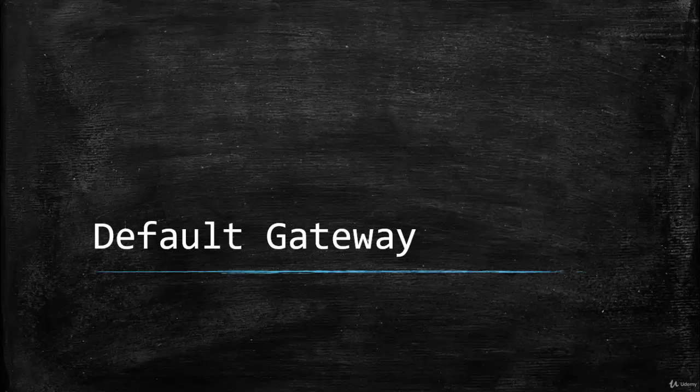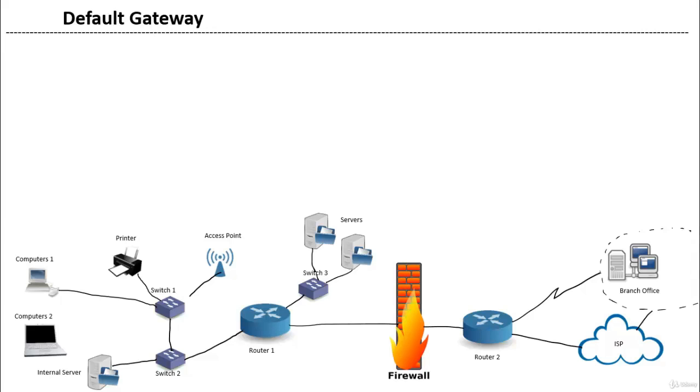Hi guys, welcome to this video. Default gateway. The router separates these two networks, internal and external, and provides some basic security functions like a rudimentary firewall.